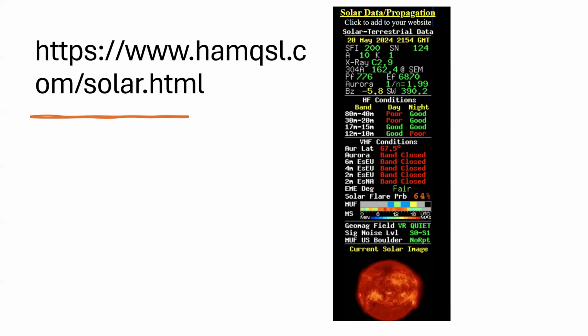So I got a URL there, which is one place you can find this. That little column there gives the summary, and we see SFI is 200, the sunspot number 124, A10, and K1. So after going through all these scales, I would say that that's very favorable.